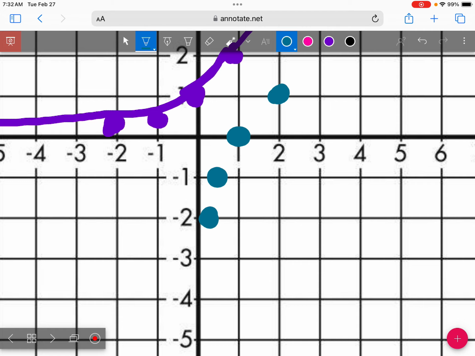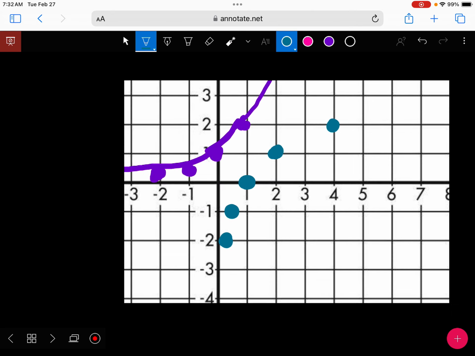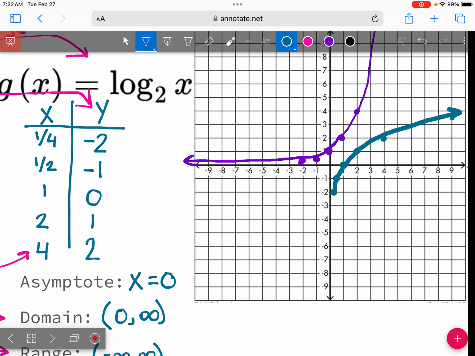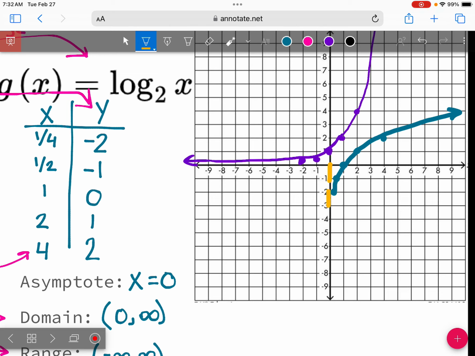X is 2, y is 1. And x is 4, y is 2. And remember, we have that asymptote, which I'm going to just draw in here, where x equals 0. So the asymptote on our logarithm is now a vertical line. When we connect it up, it's just not going to cross my y-axis.